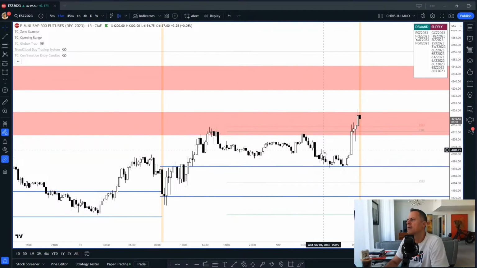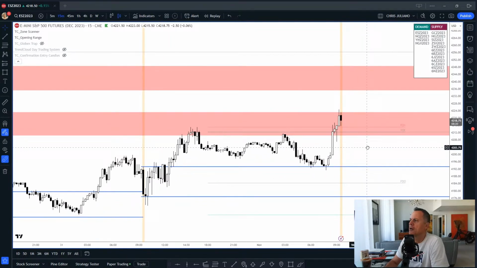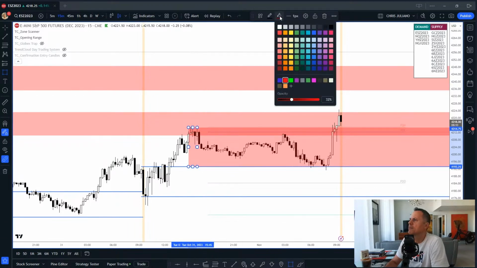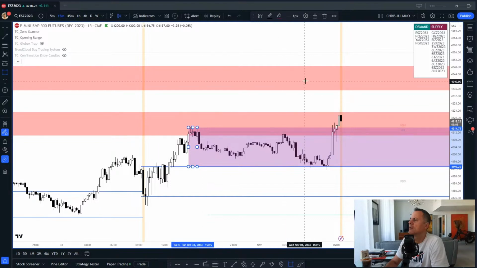Hit again, made you a little money. So it's consolidated here, right? We formed a little consolidation here, didn't we? Let's make that purple. So we formed some consolidation here.